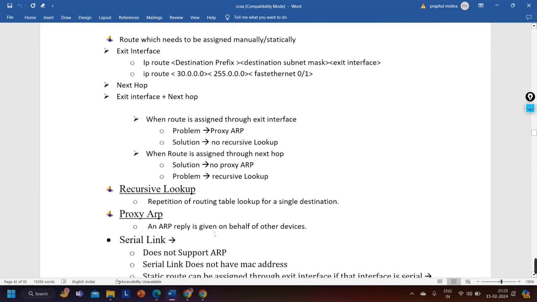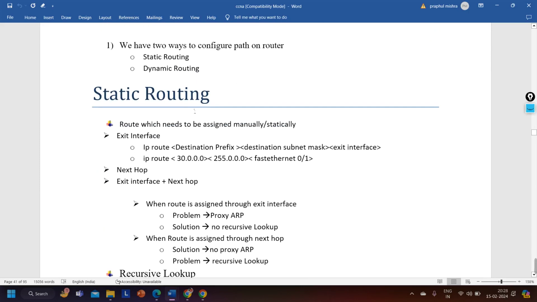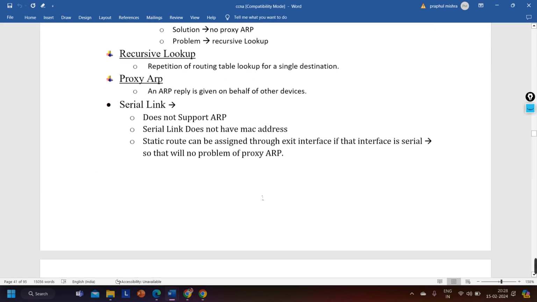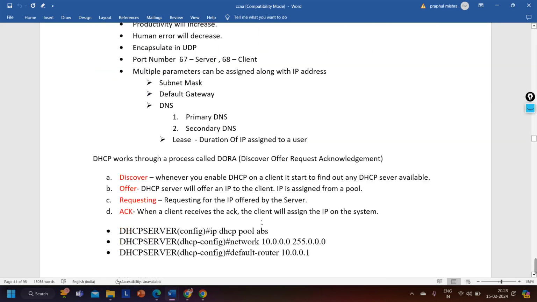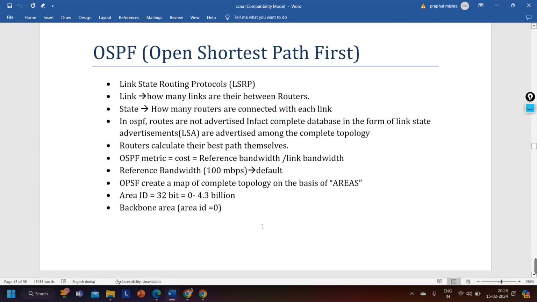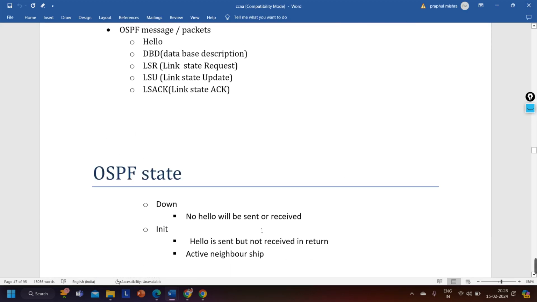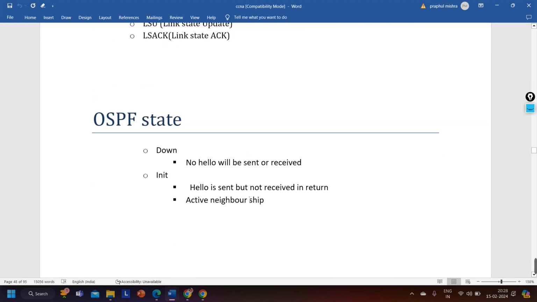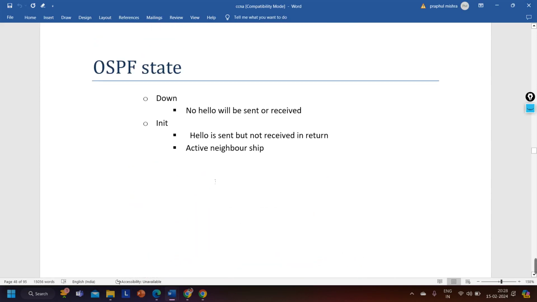Then you have routing, right? In routing we have two types, static routing and dynamic routing. First we will see static routing, then dynamic routing. In dynamic routing we have several types of protocols like OSPF, a very important routing protocol. Nowadays most of the companies are using OSPF as their IGP protocol in real time.